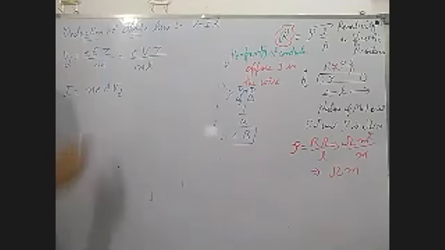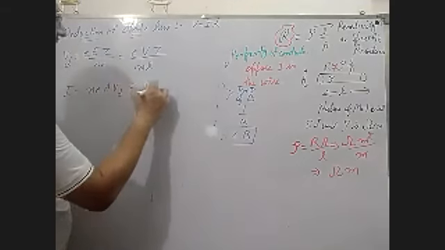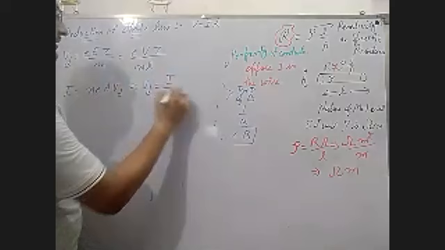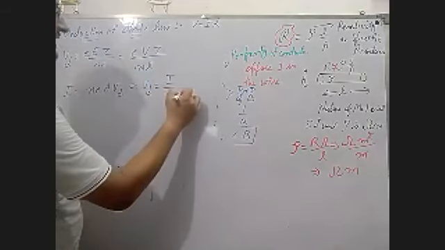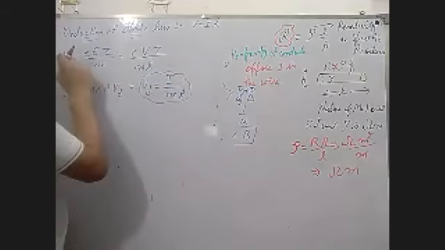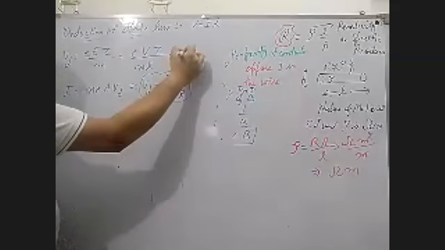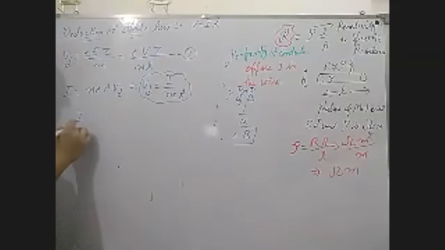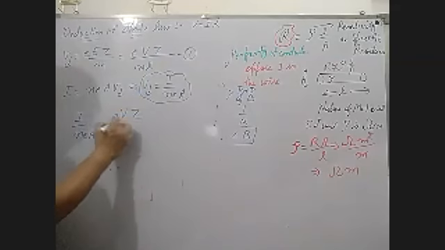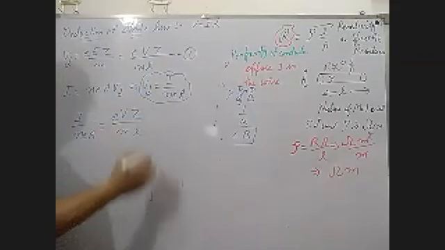Okay. Now, what is the value of Vd from there? Vd can be written as I upon neA. Now put this value in this relation, equation 1. Now I upon neA is equal to eV tau upon mL.